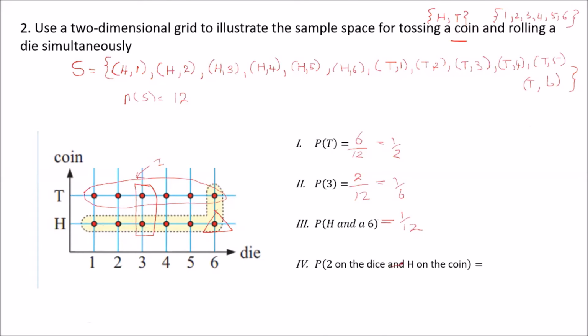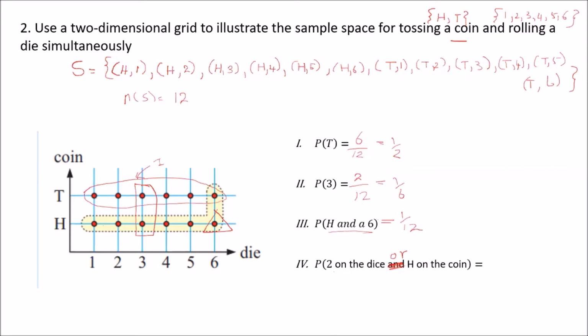Next one: 2 on the die or head on the coin. Here we talk about the union.